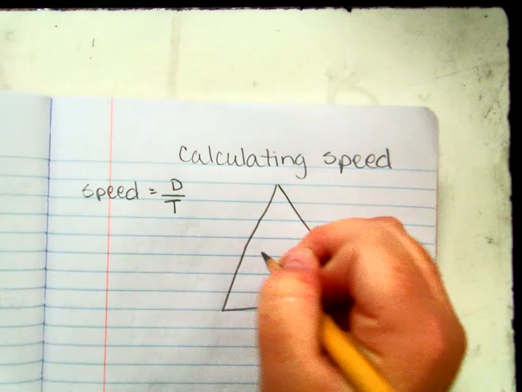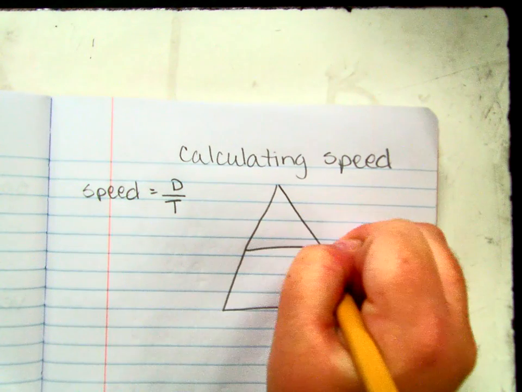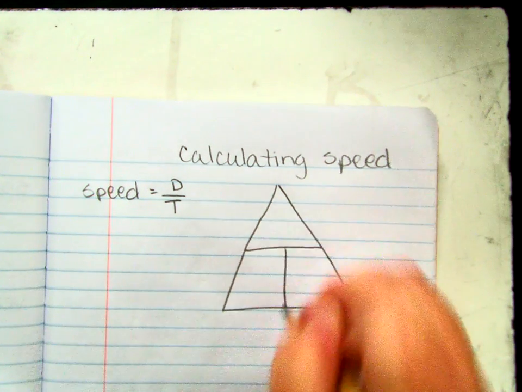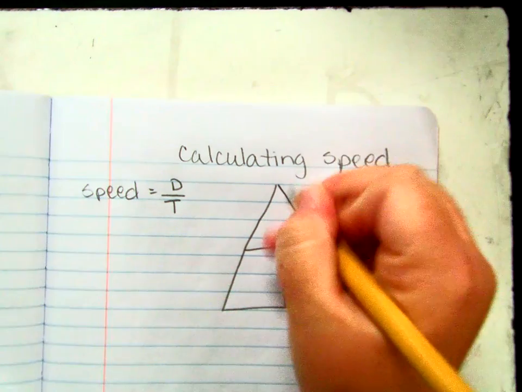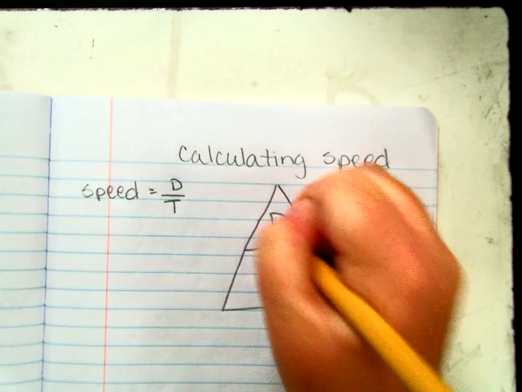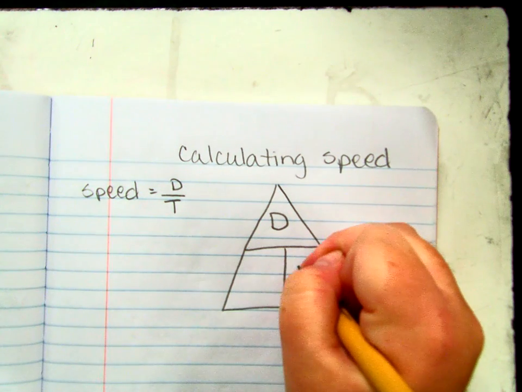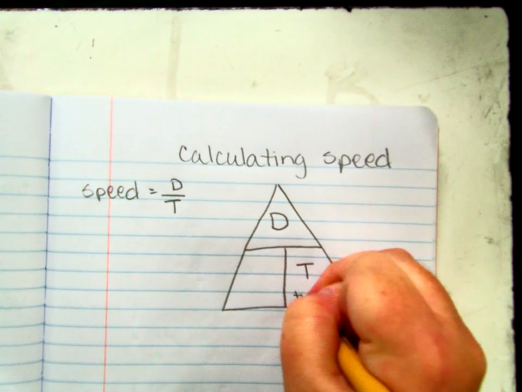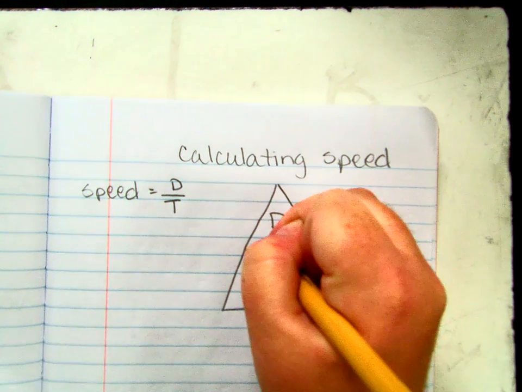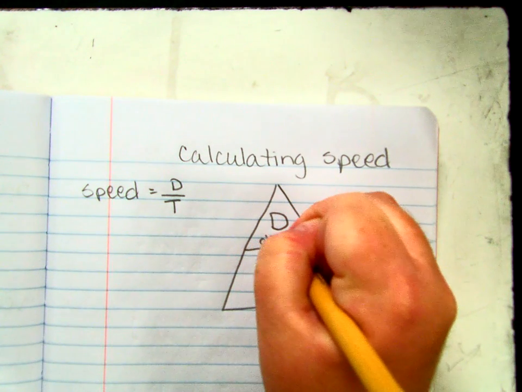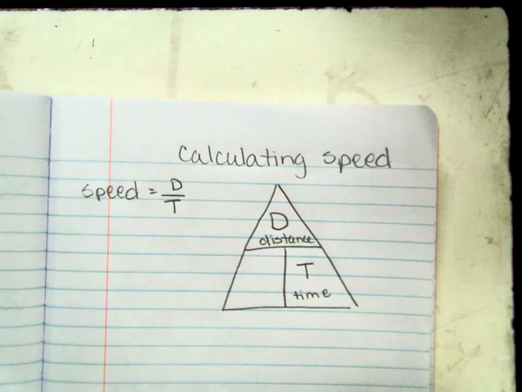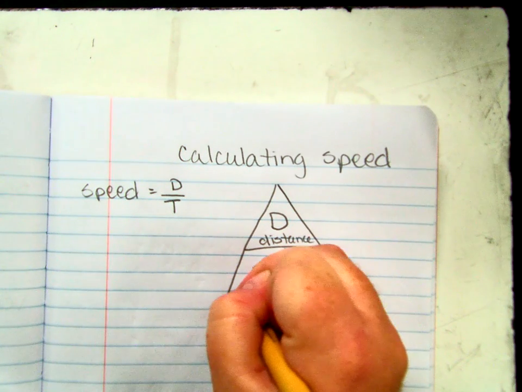And we are going to split this triangle into 3 sections. The first section up here, we're going to put a D for distance. Over here, we're going to put a T for time. And over here, we're going to put an S for speed.